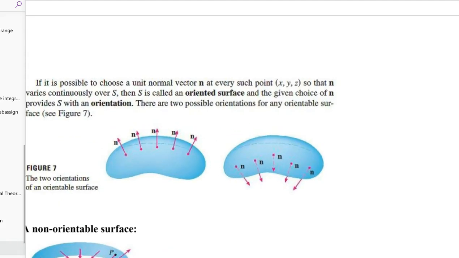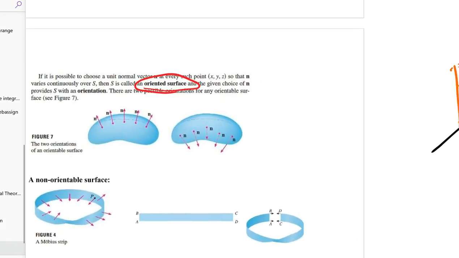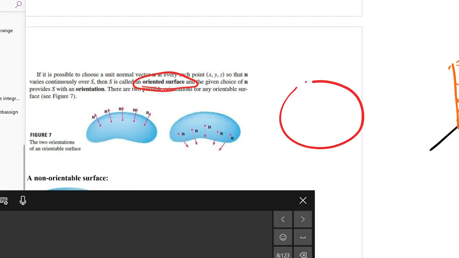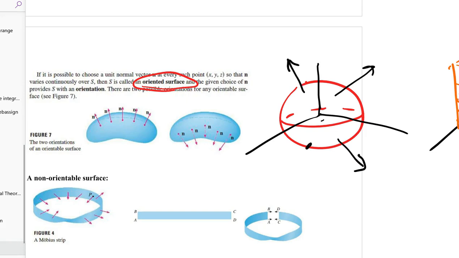Okay, so while you're in the book, I'd like you to read about what an oriented surface is. Basically, it says that the surface has an orientation and that the positive orientation is outward. So if you have a sphere, for example, the positive orientation is outward and the negative orientation is inward.